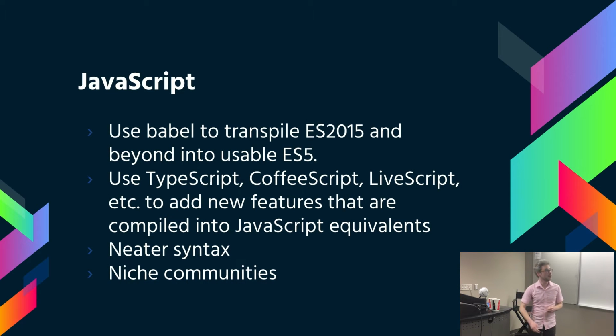For JavaScript, a really big trend lately is to stick with the brand new bleeding edge JavaScript that has been completely accepted. It is the new JavaScript standard, so that's ES 2015. There is ES 2016 as well, and then it'll just continue to iterate every year. So you can use Babel to transpile that brand new code into ES5. ES5 has great browser support, whereas ES 2015 is really not great.